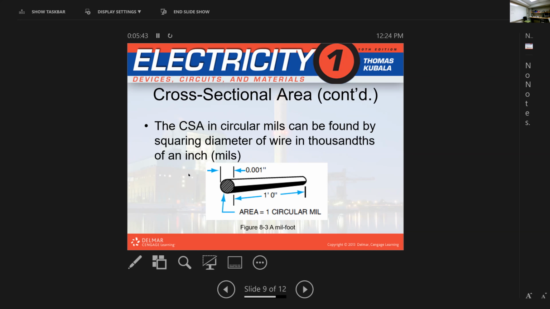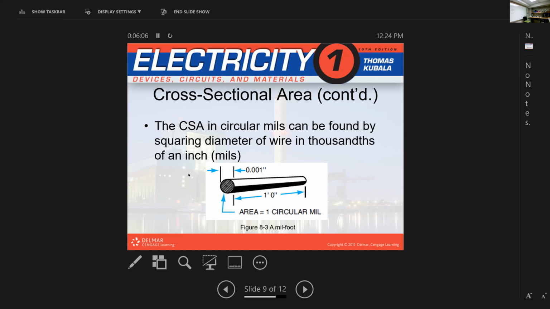So a basic unit for doing these calculations is a strand of wire 1/1000th wide and 1 foot long, which is called a mil foot. And it's going to give you so many ohms. There's going to be a rating to say that copper wire has so many ohms per mil foot.